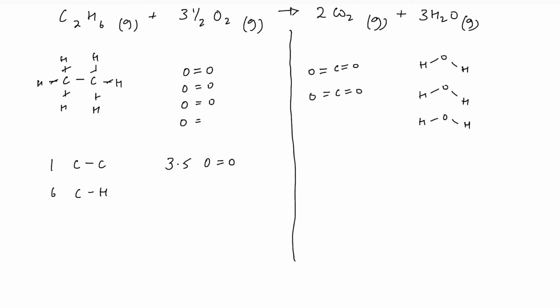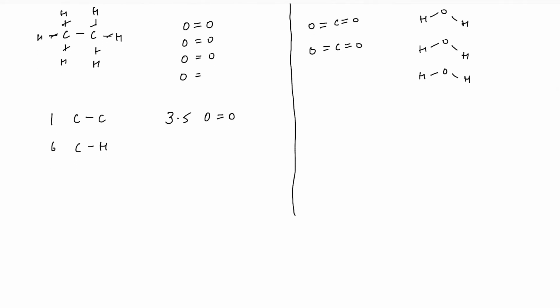double-bonded oxygens. If I were to look up the data in the table, that would be 347 kilojoules per mole for the carbon-carbon single bond, plus 6 lots of 412 for the carbon-hydrogen bond, plus 3.5 oxygens, and each of those is 498.